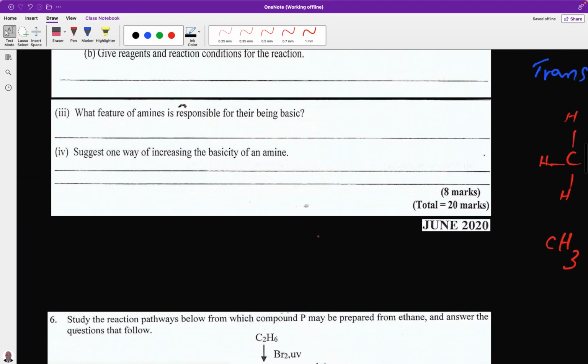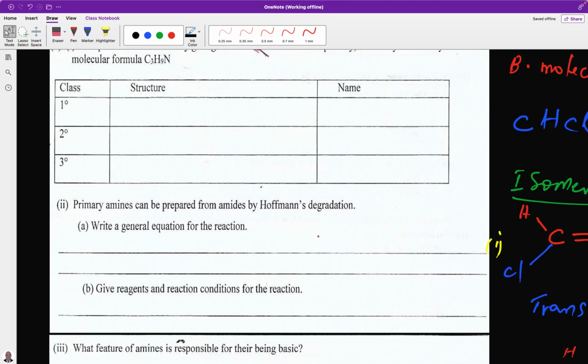The structure is CH3CH2CH2NH2, because only one of the hydrogens has been substituted, so we call it a primary amine. And what will be the name? The alkyl group has 1, 2, 3 carbons, so we call it a propyl. So we call it propylamine.